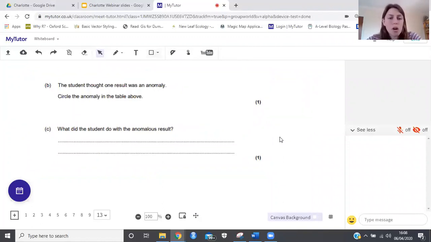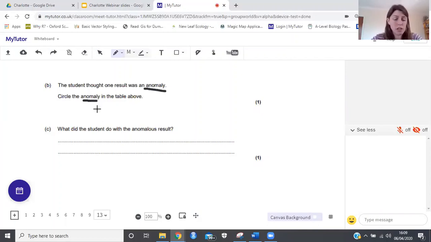The student thought one result was an anomaly. Circle the anomaly in the table above. Do we know what an anomaly is? So an anomaly is a result that looks very different from the others. It's an outlier. It doesn't fall within the kind of average result.